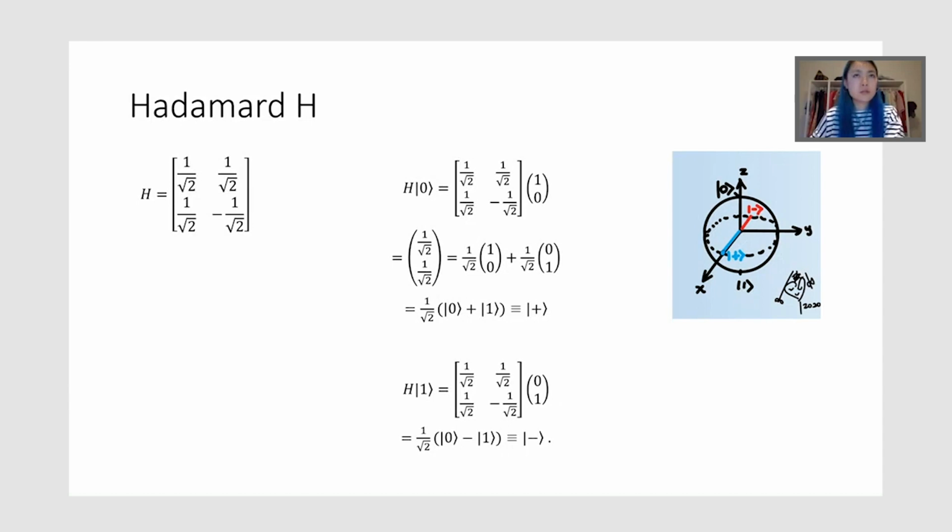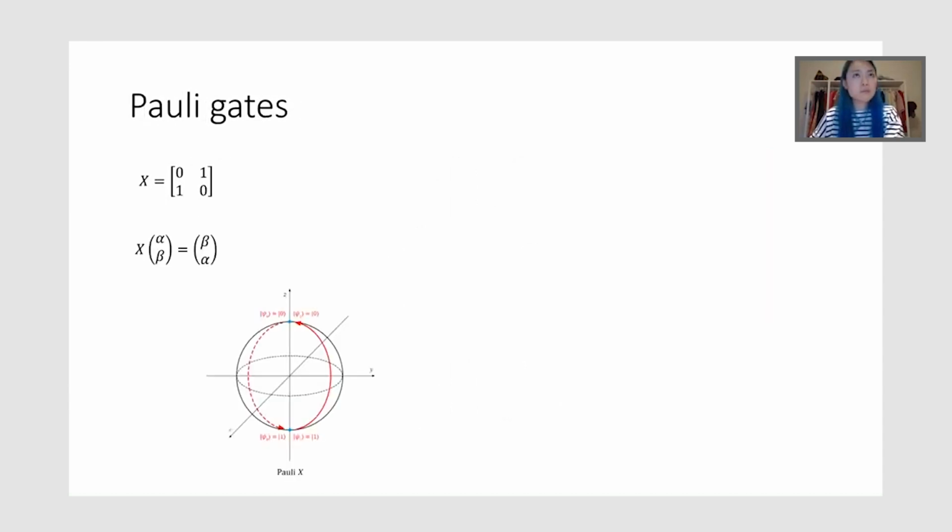And there are other commonly used gates. We will talk a lot more about gates, but I would like to show you some very simple ones first. There's another set of gates called Pauli gates. You don't have to pay too much attention to the sphere yet, because I will explain them in more detail.